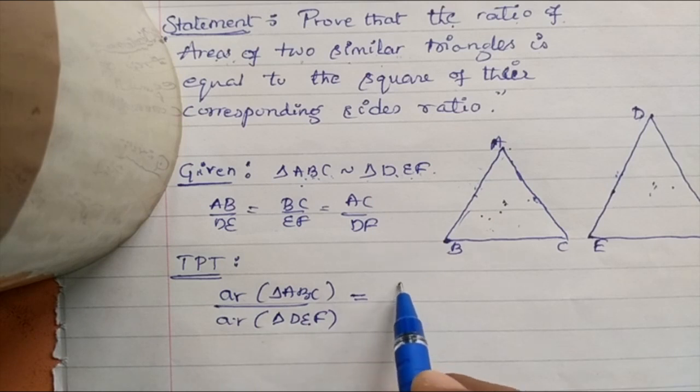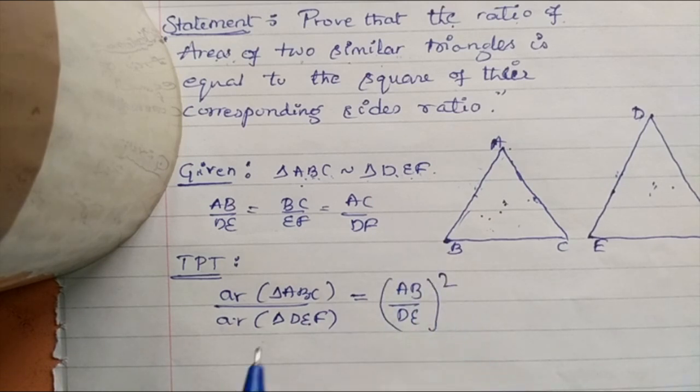Okay, so what can we write? AB divided by DE whole square. The ratio of the areas of two similar triangles is always equal to AB by DE whole square. This one I already taught you in my previous class, that is, when two triangles are similar, their areas ratio is always equal to AB by DE whole square, or BC by EF, or you can write BC by EF also.